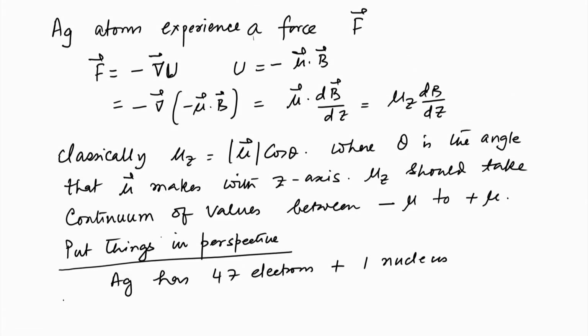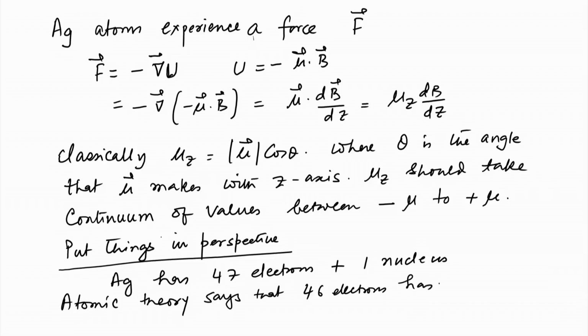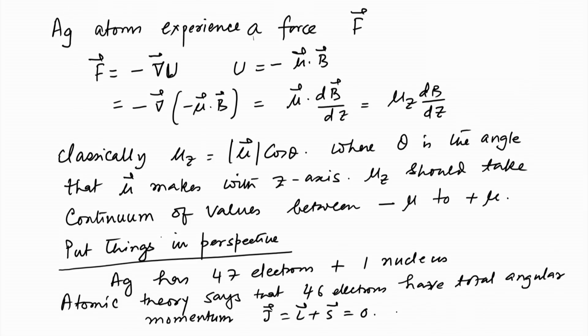Now, the atomic theory says that 46 of those electrons have total angular momentum J, which is equal to L plus S is equal to 0.